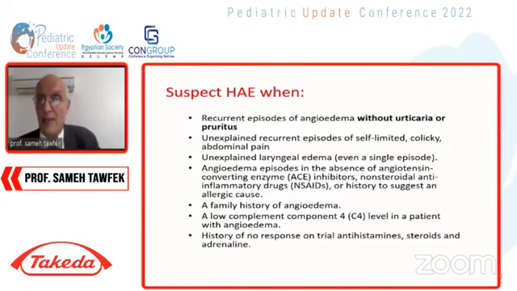Angioedema episodes in the absence of angiotensin converting enzyme inhibitors, non-steroidal anti-inflammatory drugs, or history suggestive of allergic cause, family history of angioedema, low complement C4 level in patient with angioedema, and the history of no response to trial of antihistamine or steroids or adrenaline or epinephrine: in all these conditions we have to suspect that this patient might be diagnosed with hereditary angioedema.